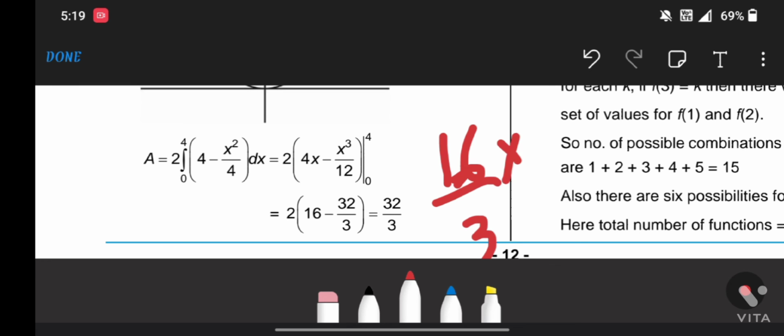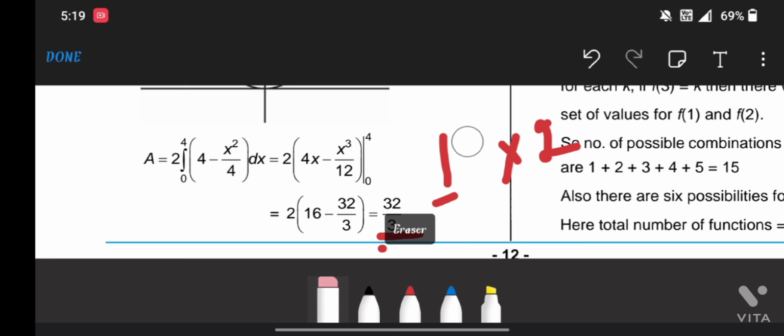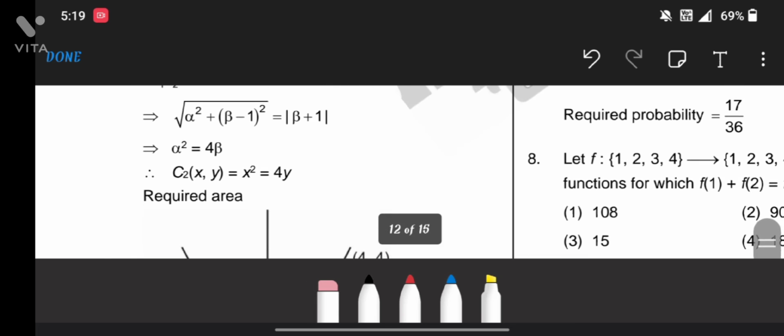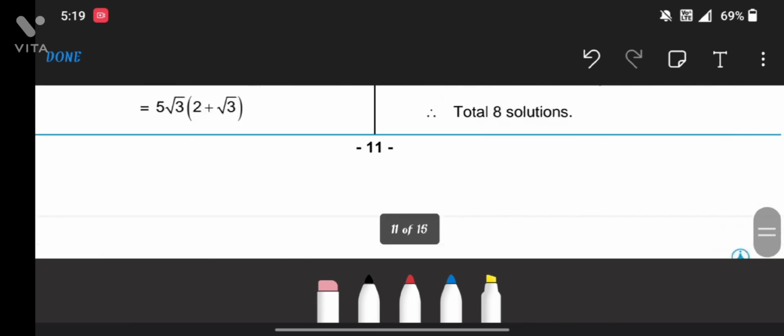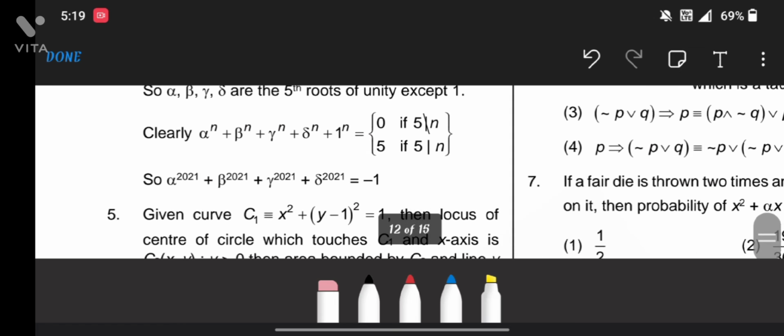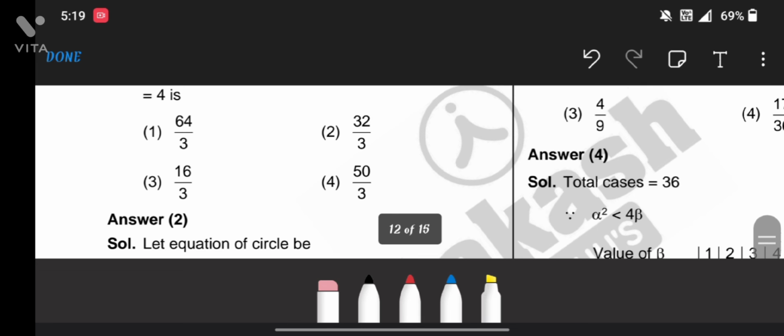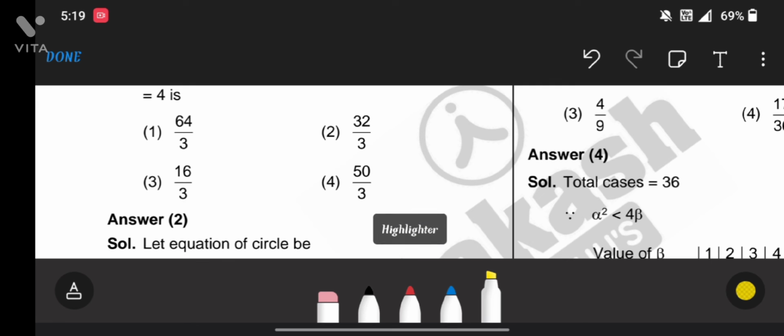This makes a tautology. The tautology means this equation makes a tautology. So leaving these, all other options are wrong. So therefore the correct answer is option B. Okay, font color I have changed. Option B is the correct answer for question number 6.